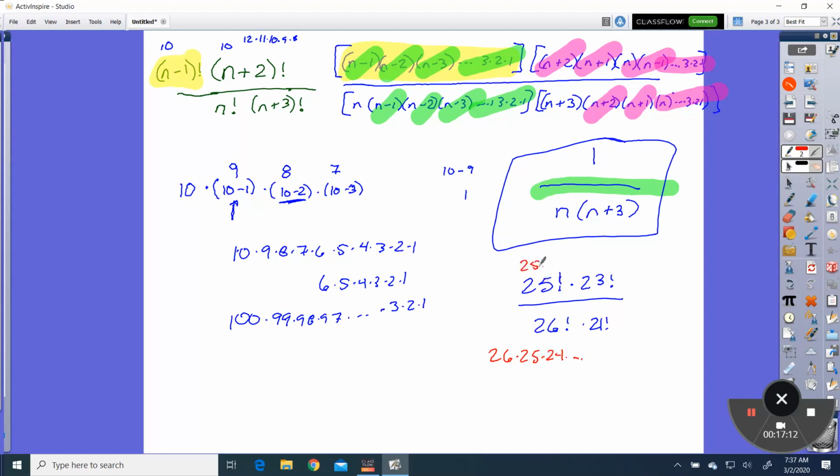Yeah, because that's 25 times 24 times. So these all go away. 23 factorial is 23 times 22 times 21. So once I hit the 21, all of this down here goes away with all of that. So I'm left with 23 times 22 all over 26. Okay. So that's what you just did with all the n stuff.